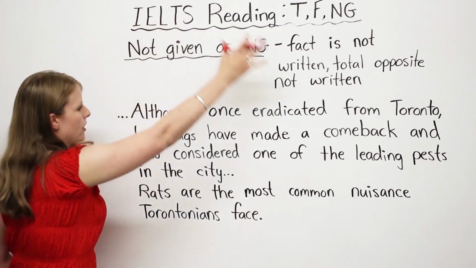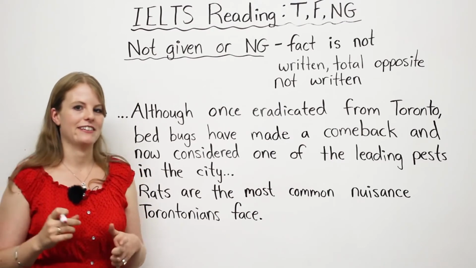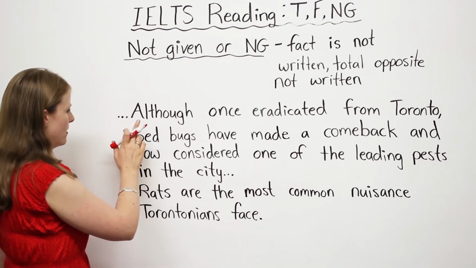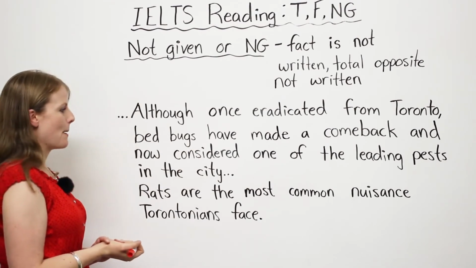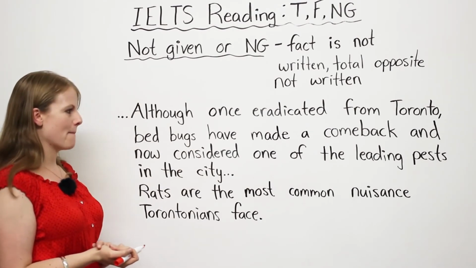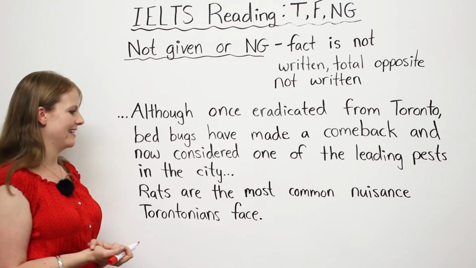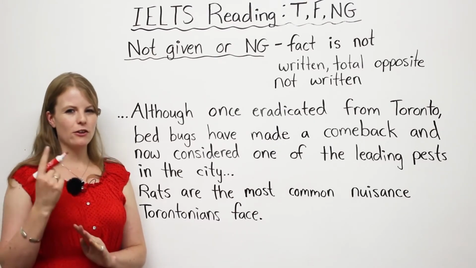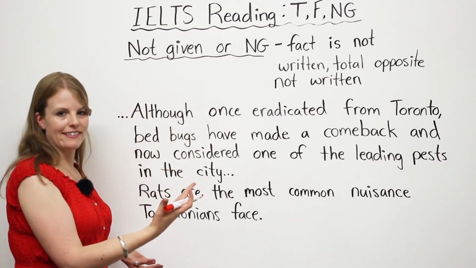Okay. So again, you'll have a long reading passage, and this is just a section of it. So, although once eradicated from Toronto, bed bugs have made a comeback and are now considered one of the leading pests in the city. Okay, so the first thing I would do is I wouldn't even bother reading the reading passage yet.